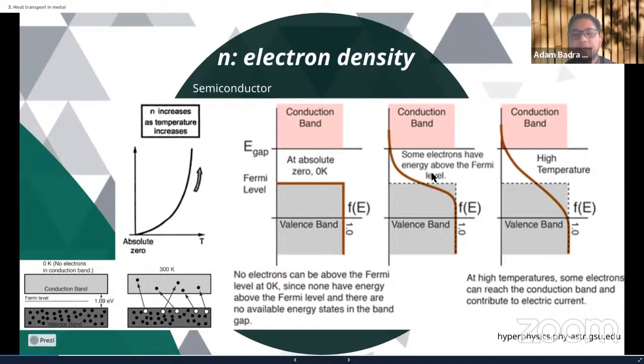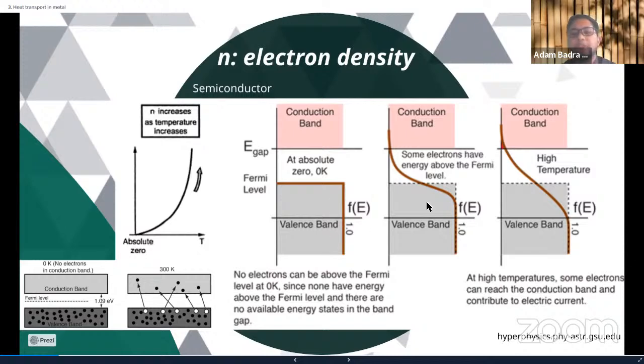The Fermi-Dirac distribution, this f, at zero temperature only allows the energy levels in the valence band.